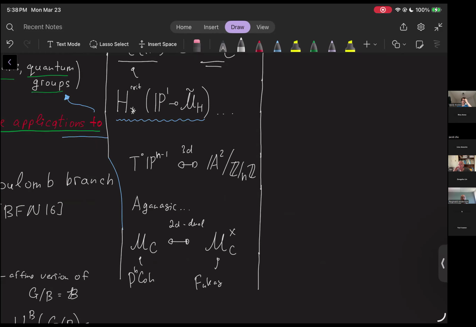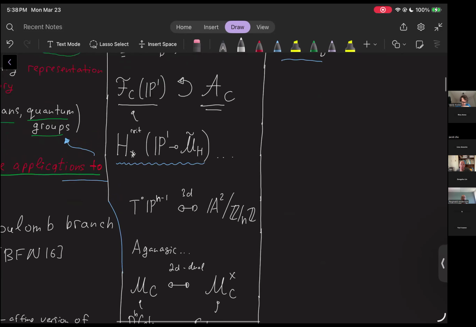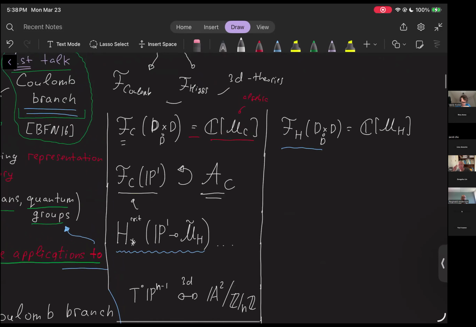So that's another story about the same varieties, and that's precisely why I think that what I'm talking about is just about one theory.